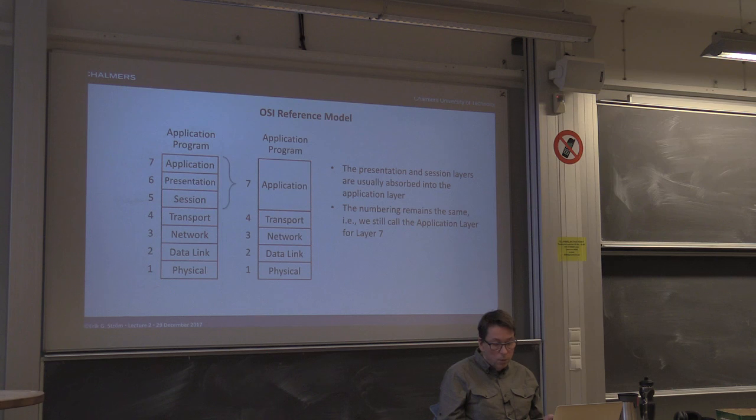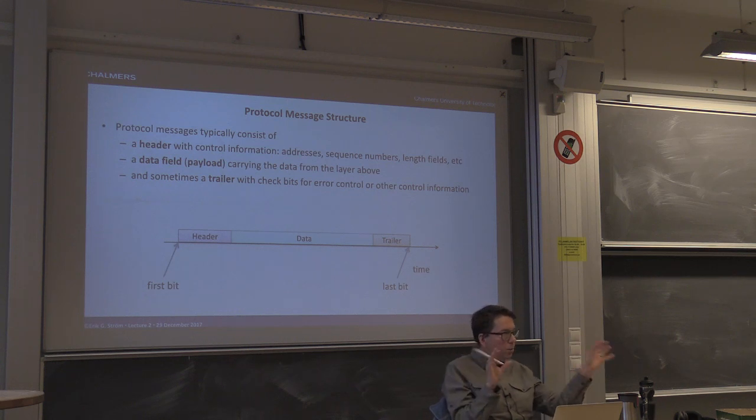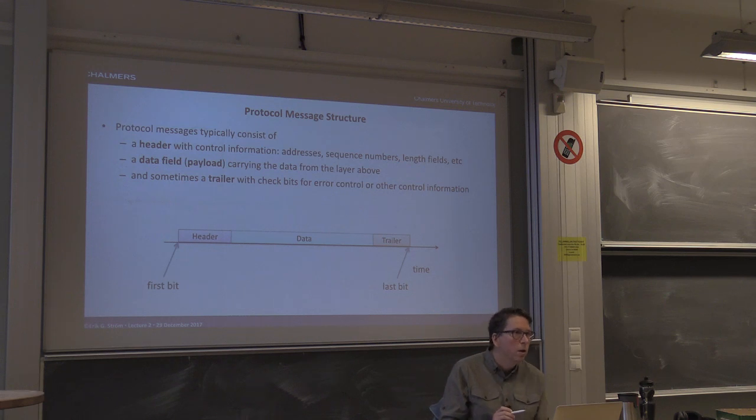So, these protocol message structures. Remember, protocols talk to each other by exchanging messages, and they follow a typical structure. A protocol message typically consists of 2 parts, or sometimes 3. One is a header part, which provides control information, addresses, sequence numbers, or whatever. It's basically what the protocol needs in order to function.